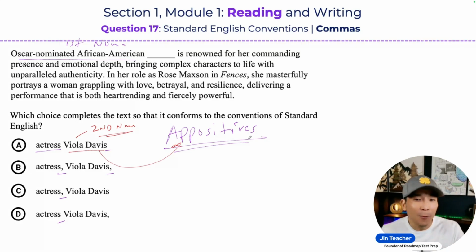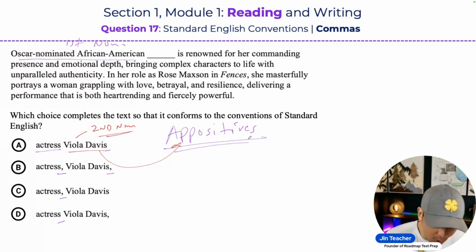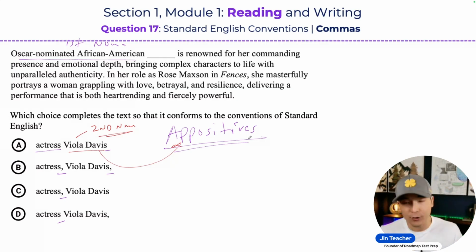So next, what do we have to know? Well, what's the job of an appositive? What does an appositive do? The job of an appositive is always going to be to clarify the previous noun, or to make clearer something about the first noun. The way that it clarifies, in this case, is that it names who that actress is.